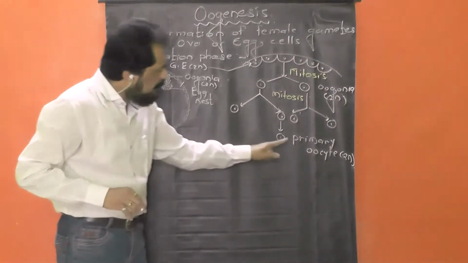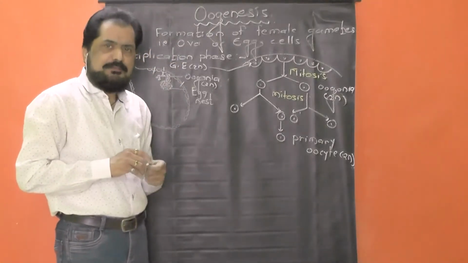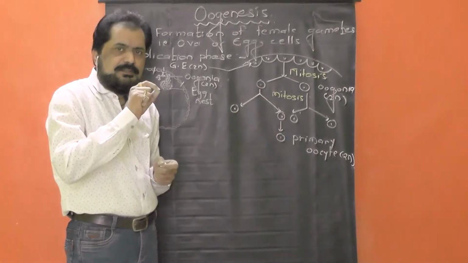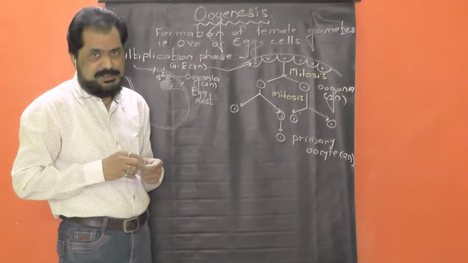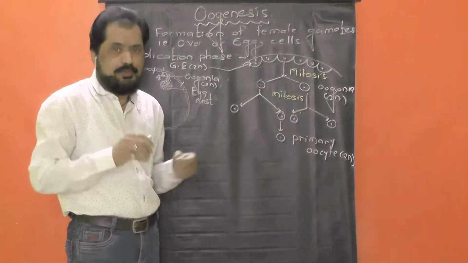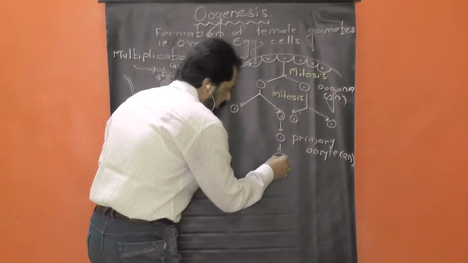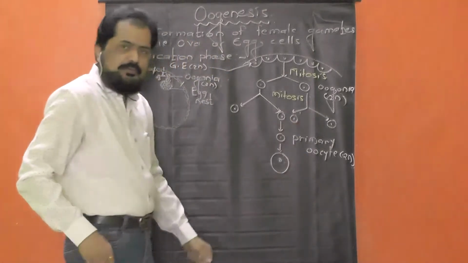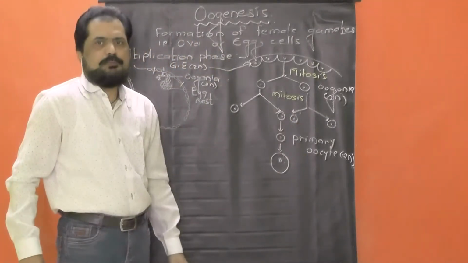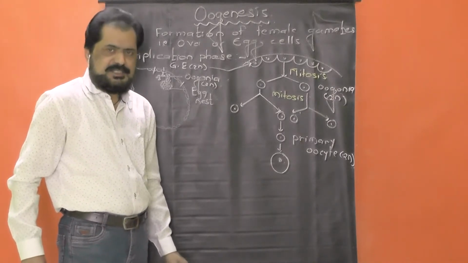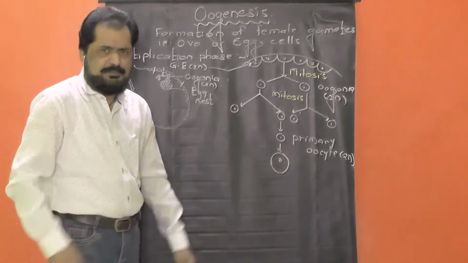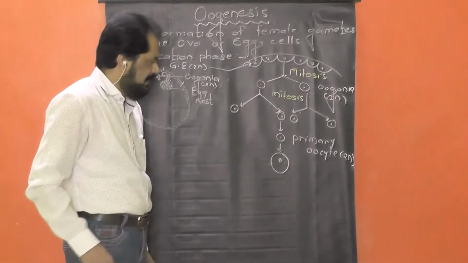Now this primary oocyte increases in its size. It means growth occurs, due to the accumulation of cytoplasm, different cell organelles, DNA, etc., and a little bit of reserve food material.